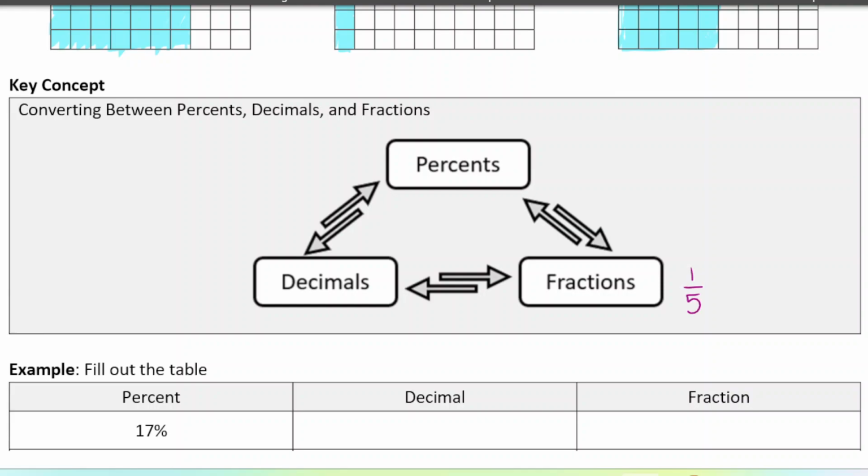So if we want to go to a decimal, we just simply divide. So we do 1 divided by 5 equals 0.2. And if I want to change that into a percent, I would multiply it by 100. So I do 0.2 times 100 equals 20. So it'd be 20%. And then if I want to change it back into a fraction again, I would make it out of 100.